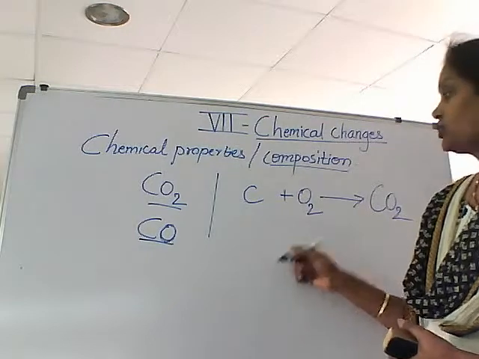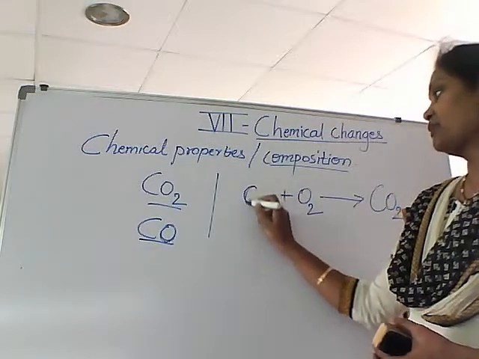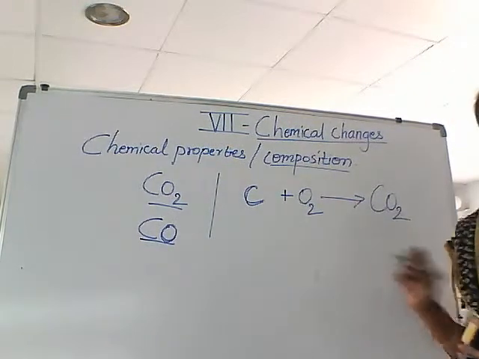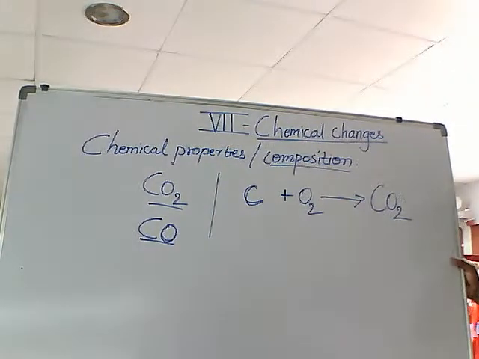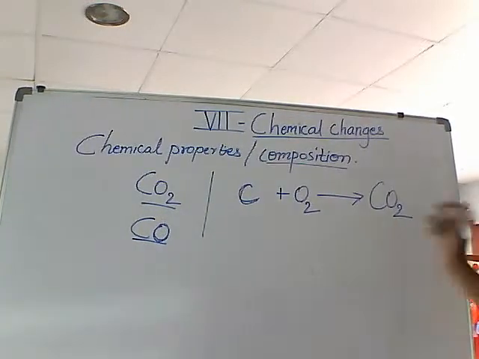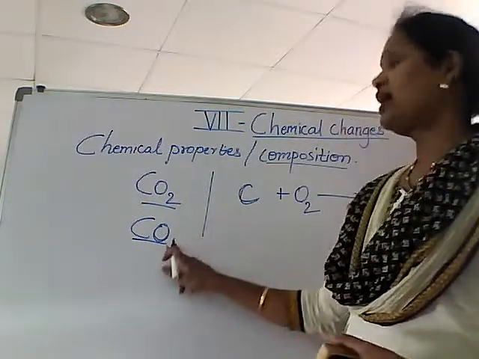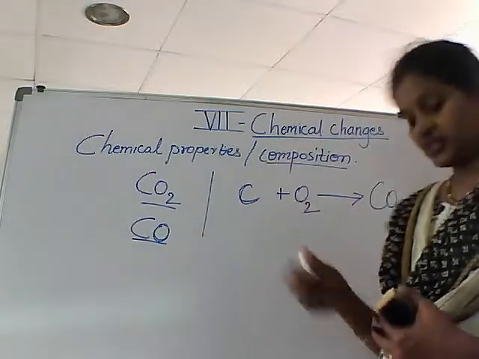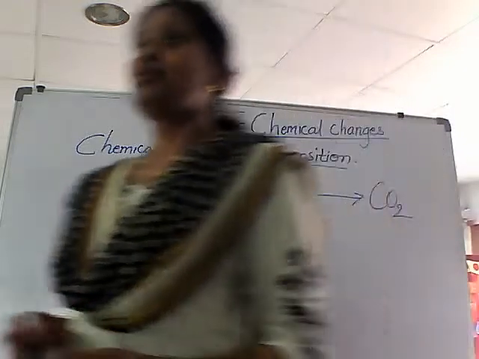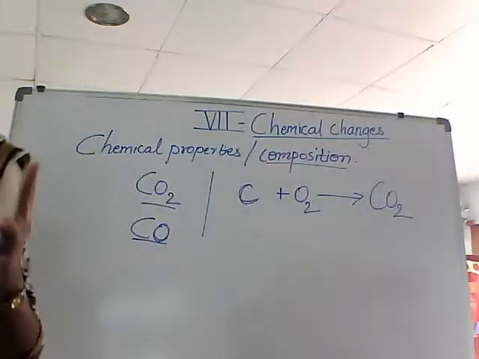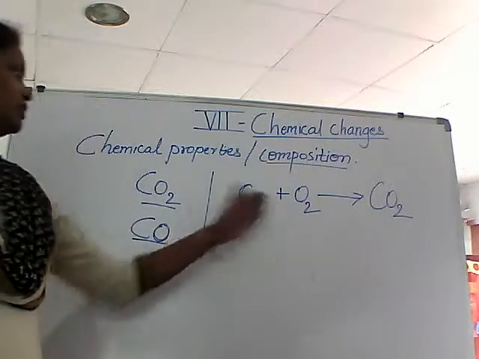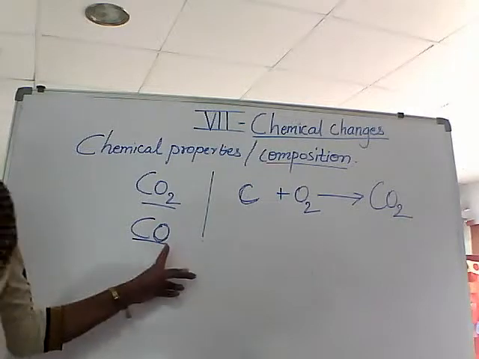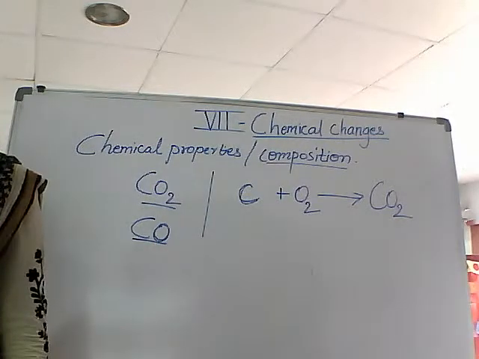Okay, so when this carbon burns in the presence of oxygen, it will give carbon dioxide, isn't it? लेकिन अभी यहाँ पर क्या हो रहा है, कार्बन मोनोऑक्साइड फॉर्म हो रहा है when the presence of oxygen is less, or during the burning process, if the oxygen provided is not enough, then we will get carbon monoxide.